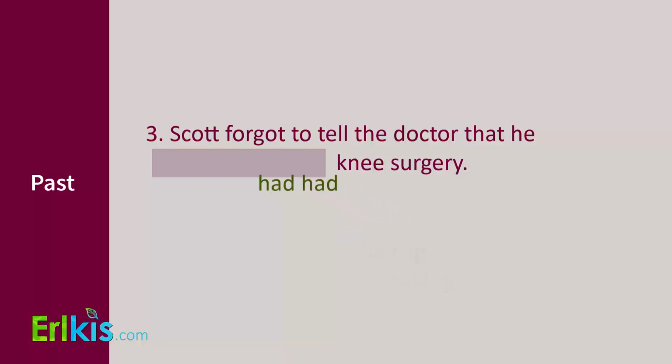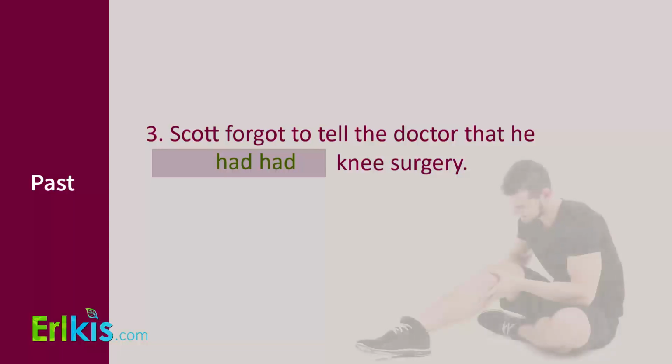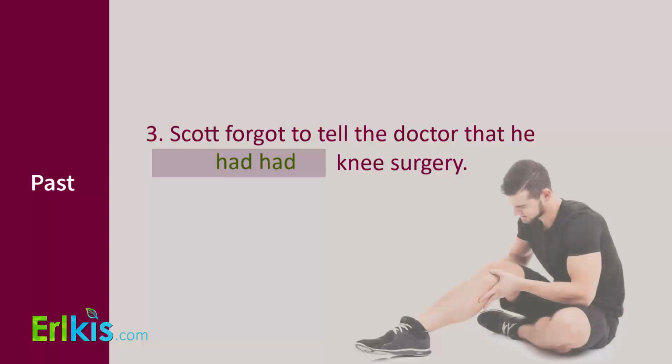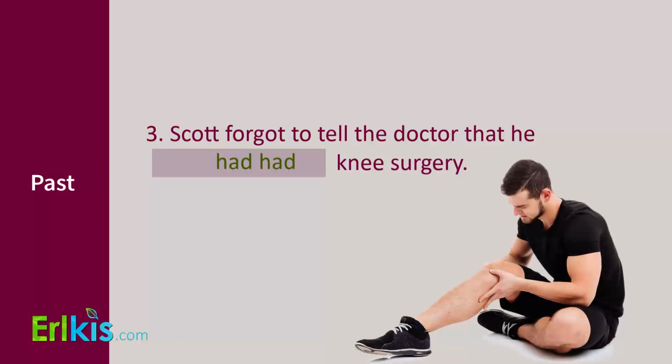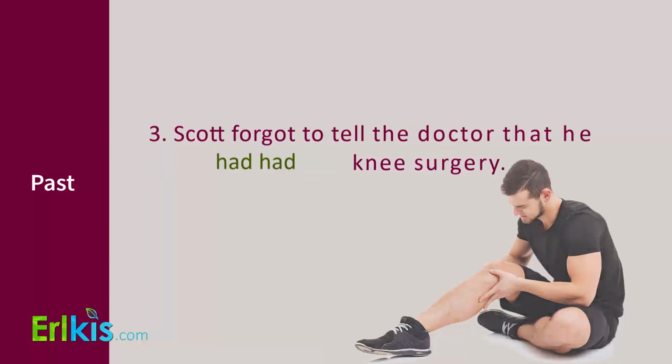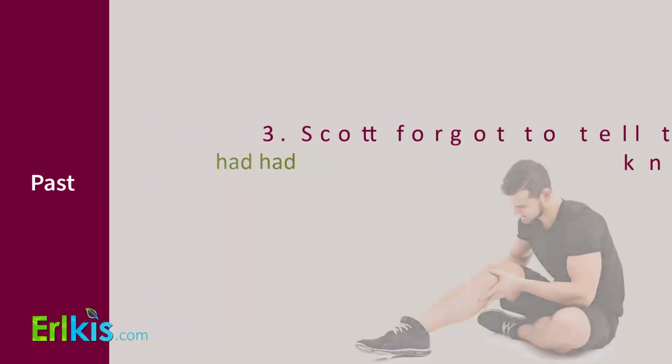If you said had, correct. Here we're using the past perfect. We don't use was having because there's no interruption. And we wouldn't use had been having because there is no process involved. It's simply 2 events in the past.